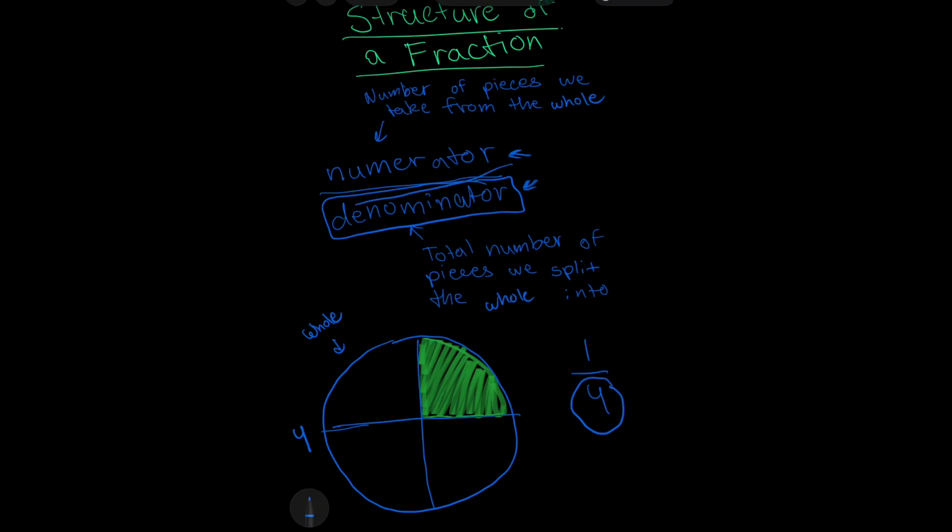And the numerator would be the number of pieces we take from the whole. But what's the number of pieces we take from the whole? It's this green piece over here. And this consists of 1 piece. So the numerator would be 1.